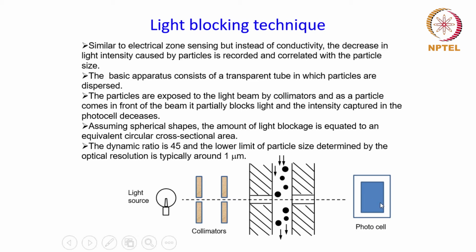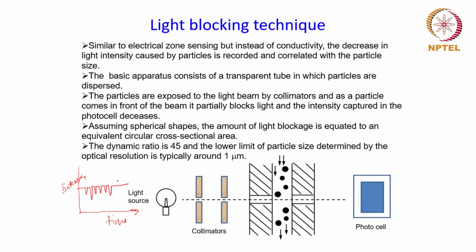Now, if you see the output from this photocell, it may appear something like this. The light intensity captured at the photocell detector, if you see it with respect to time, right?